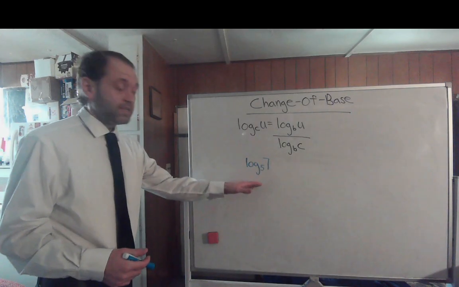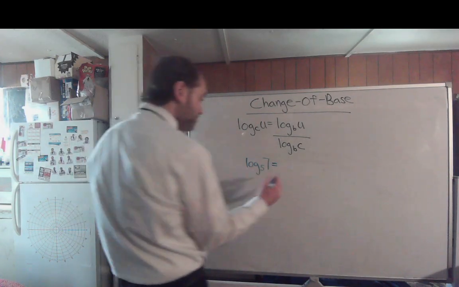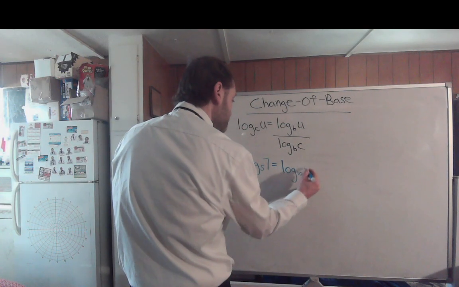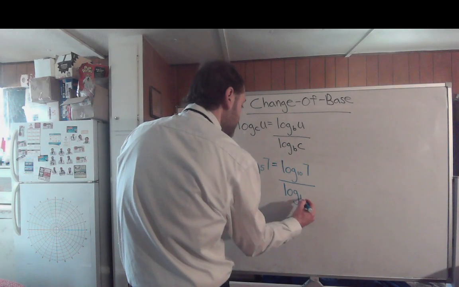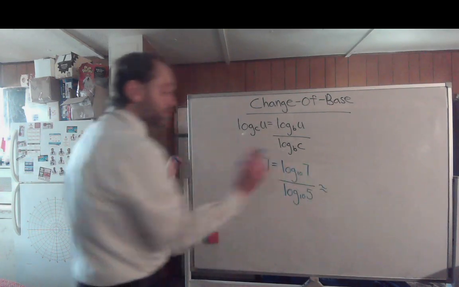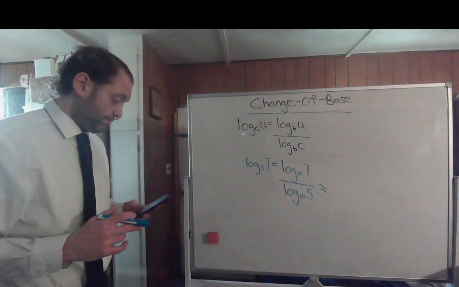So let's apply this to the log base 5 of 7. We can make this log base 10 of 7 divided by log base 10 of 5. And now we have a format in which we can work with for our calculator.